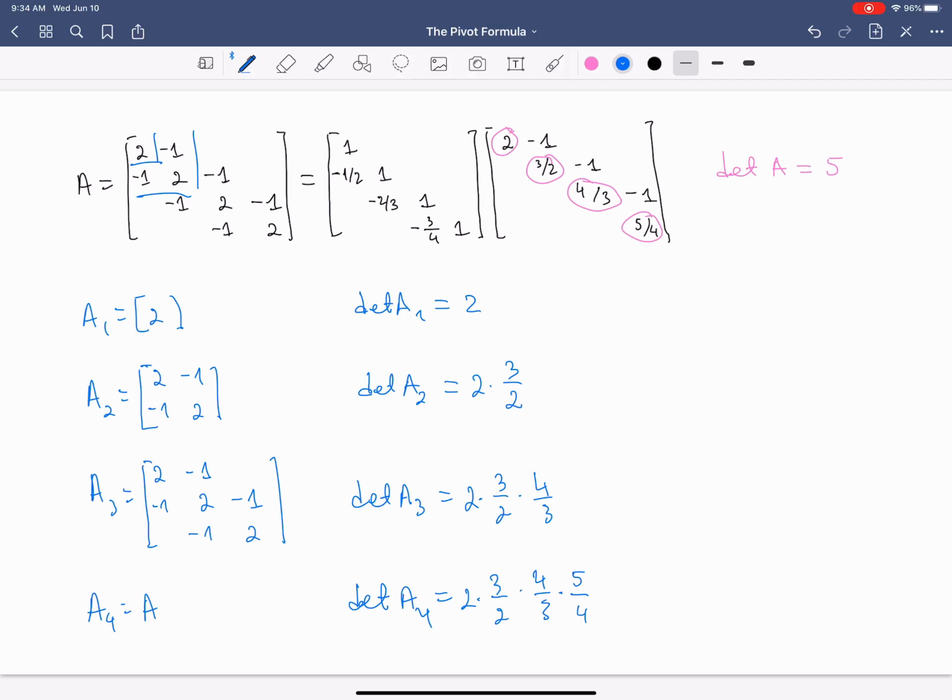And what you see is that each pivot can be expressed through the determinants. So the first pivot 2 is the determinant of A1.